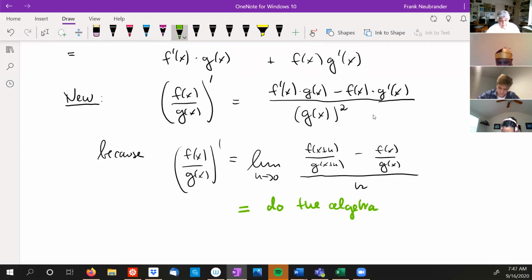Now you have to do a lot of algebra, a common denominator, including terms, taking terms away.